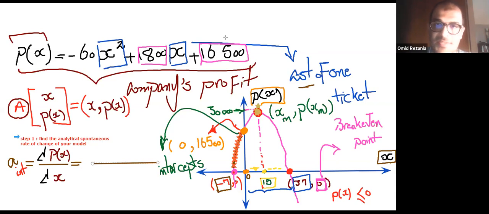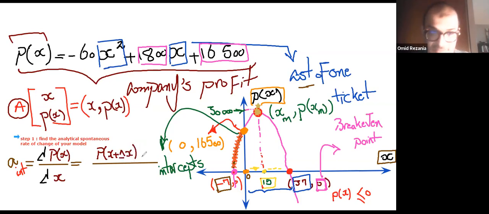It becomes P of x plus h, sorry, not h. Sometimes I mix up the notations from different books.